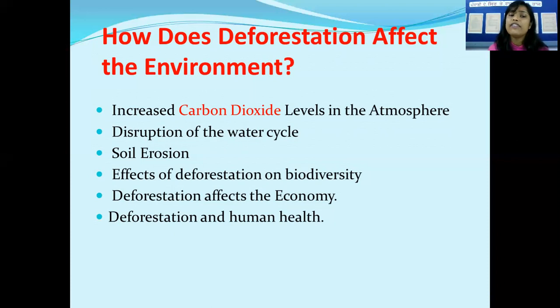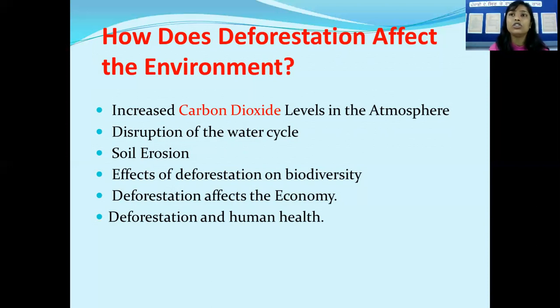Okay, so now the effects of deforestation on biodiversity. Why are we talking about biodiversity? See, the largest forest is the Amazon, right? But what happens if you are cutting that down? Most of the living organisms, microorganisms, a lot of biodiversity, a lot of food chains, a lot of food webs are found mostly and majorly in these forests.